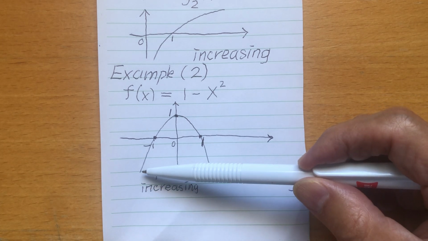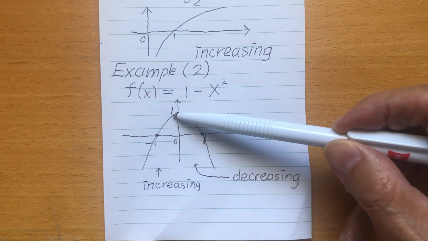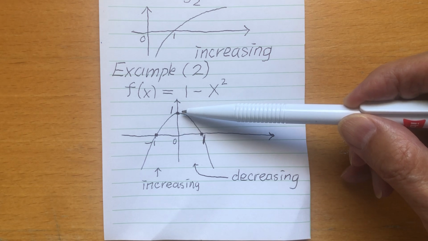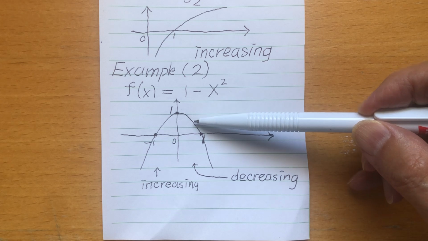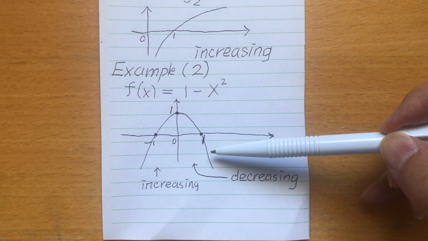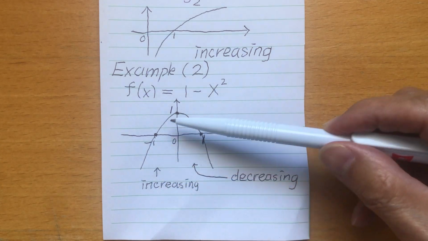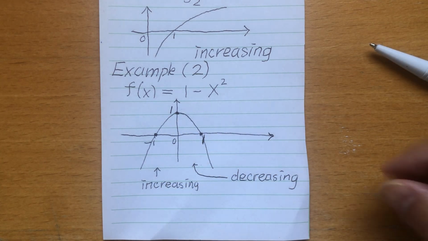So you trace from here to the right. So it's increasing here. And continue the tracing, you have this. So it is decreasing. So for this function, it is both increasing and decreasing.